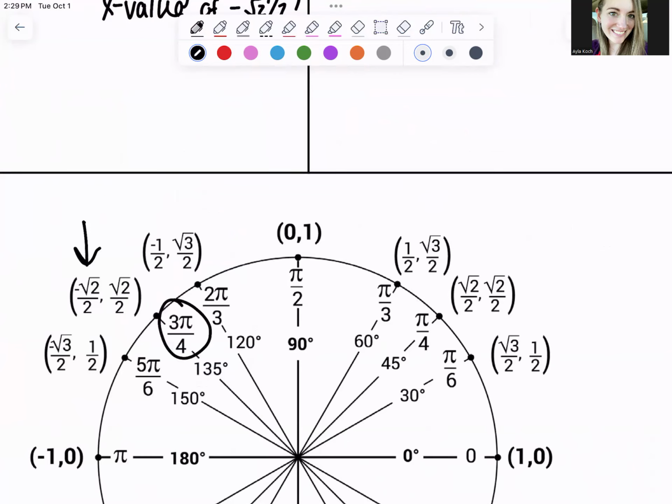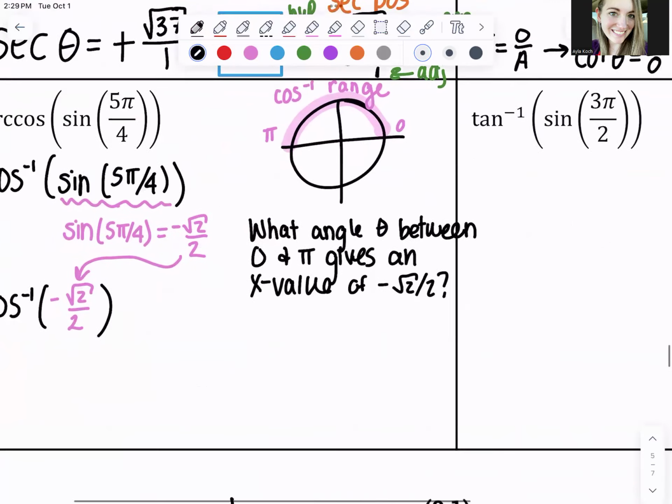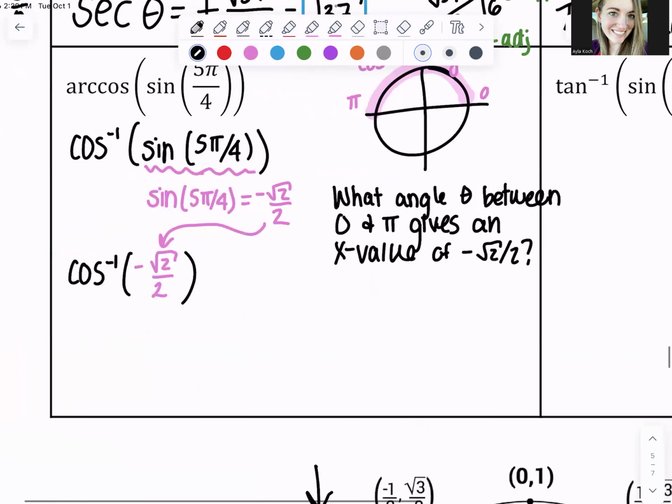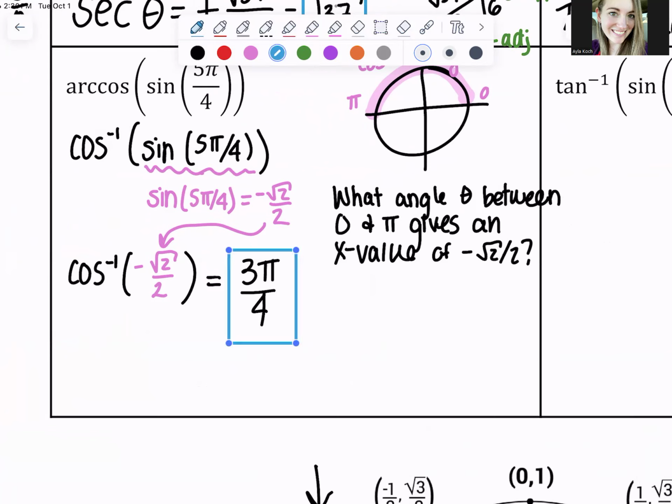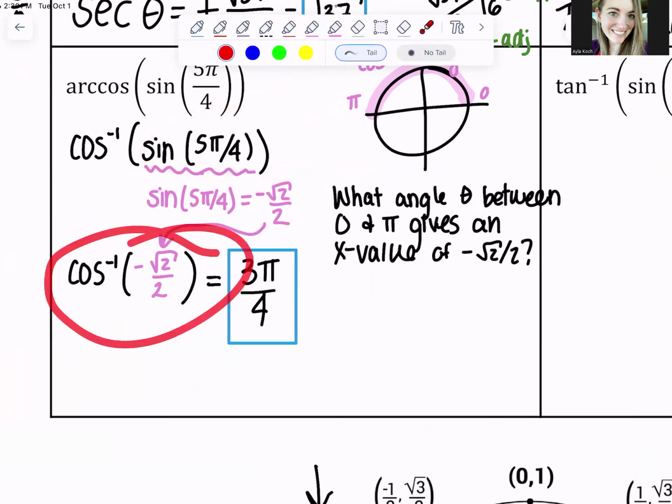That is here at 3 pi over 4. And that is our answer. So we started by saying, okay, sine of 5 pi over 4 is negative square root 2 over 2. When I plug that back in, I'm just looking for cosine inverse of negative square root 2 over 2. That's at 3 pi over 4.